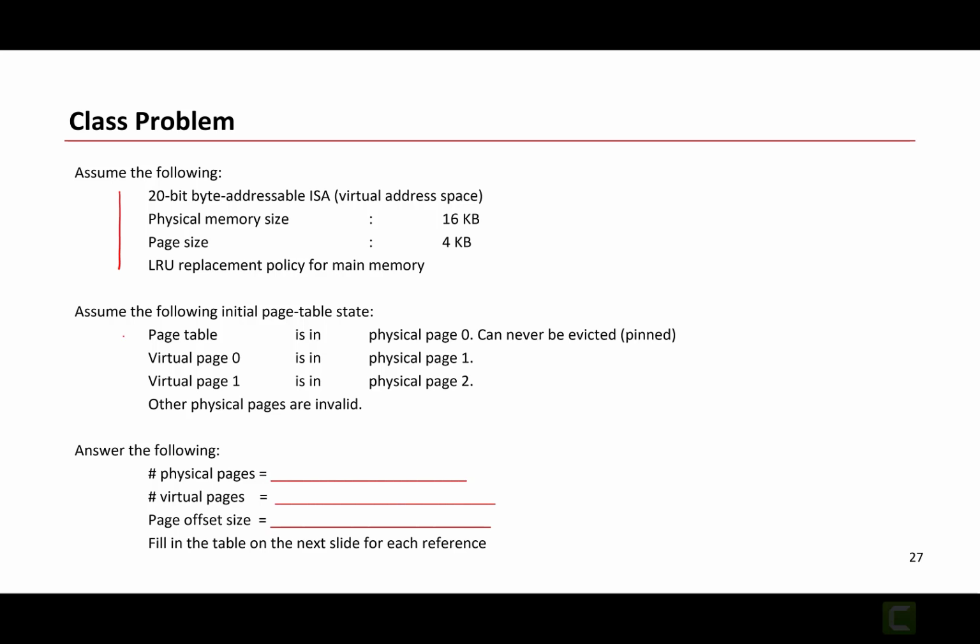We are also given the initial state of the page table, and then we are asked to figure out the other aspects of the virtual memory. After that, we are also going to simulate the virtual memory for a sequence of addresses. So first, let's take this information and construct how the virtual memory structures look.